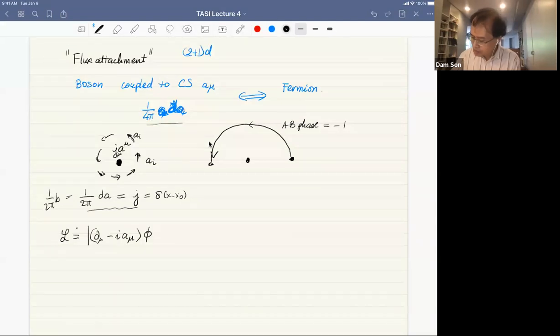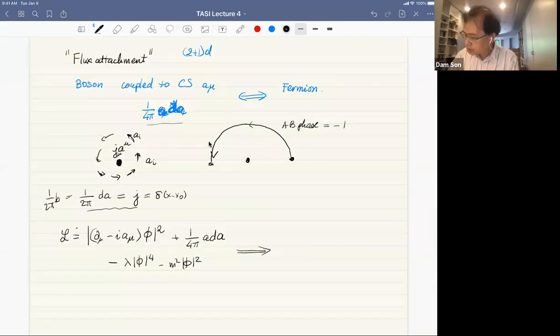If I have this coupled to A dA, in here I have to write down also minus lambda phi to the 4th, right? And then minus m square phi square. This is dual.